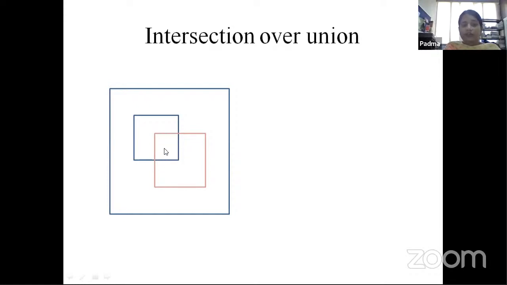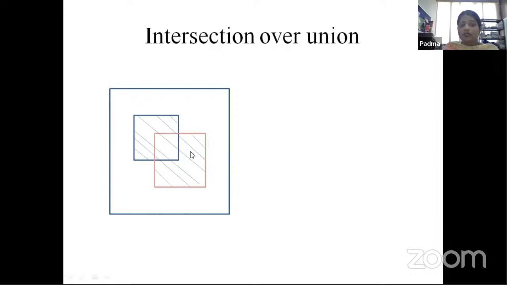So this particular area is nothing but the intersection. Intersection over union would give us the maximum value whenever the predicted box exactly overlaps the ground truth box. So whenever it overlaps, intersection over union would be high, right?